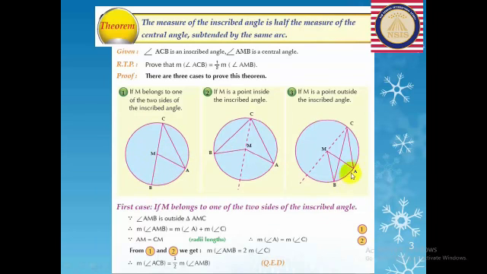Look here, A and B. This is the central angle, and this small one is the inscribed angle. Look here, the same arc, same point here, and same point here. So same arc.